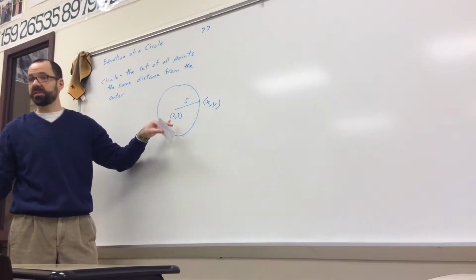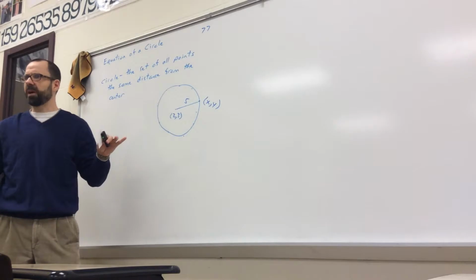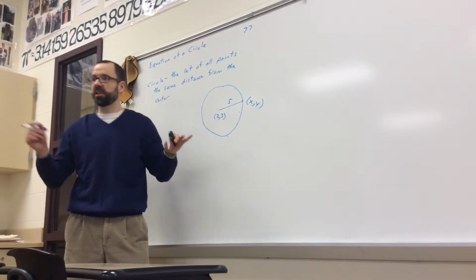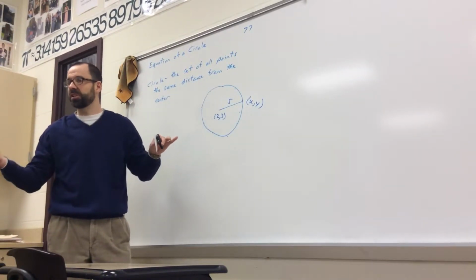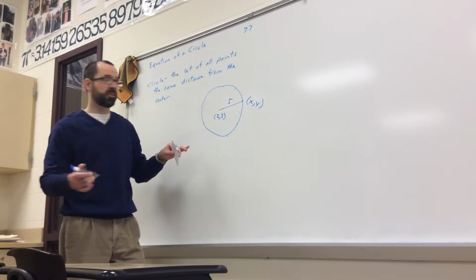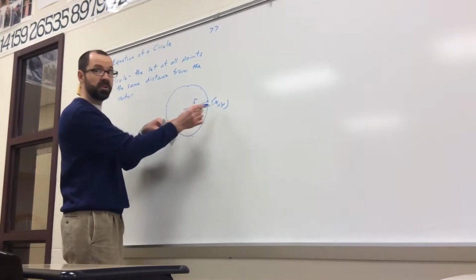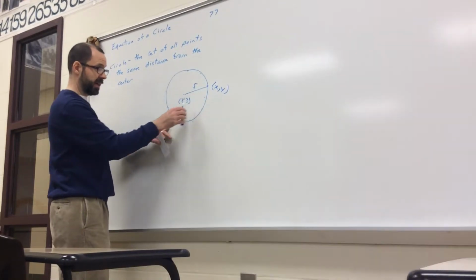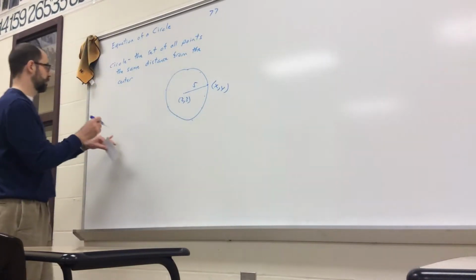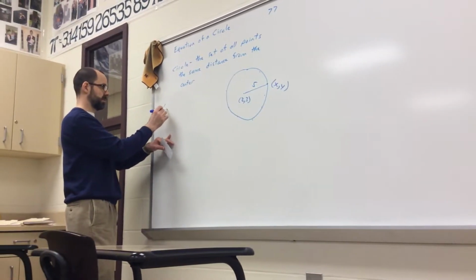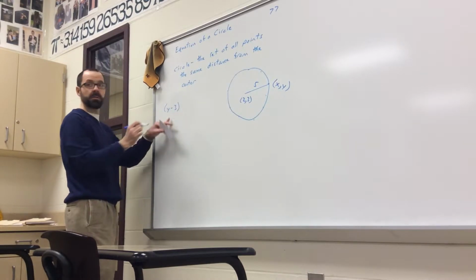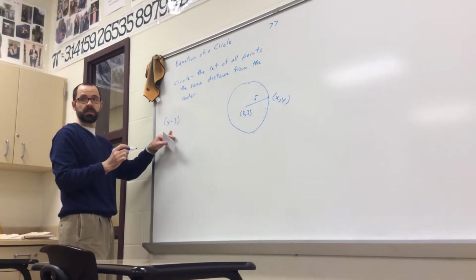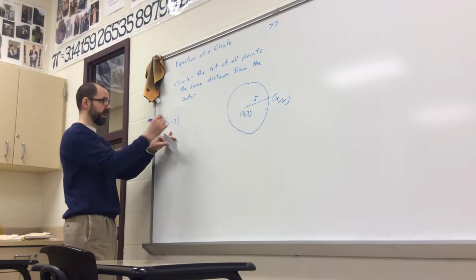So I'm going to do the distance formula. This is one of the reasons I reminded you about distance formula yesterday, because I knew it was coming up today. Plus, you need to know distance formula. So I'm going to do the distance between these 2 points. So the way you do that is you do y minus 3 and then square it.